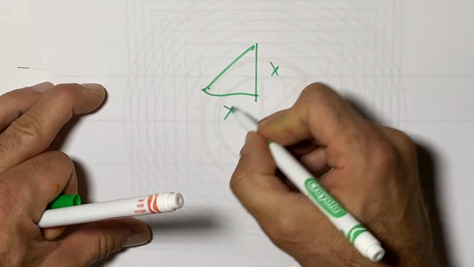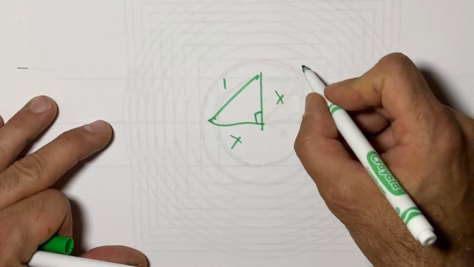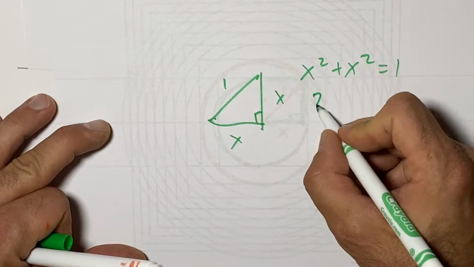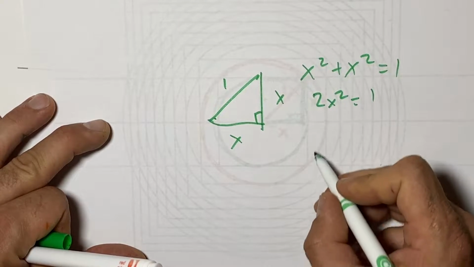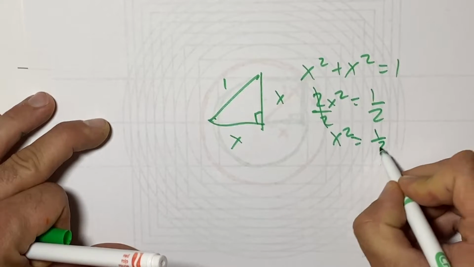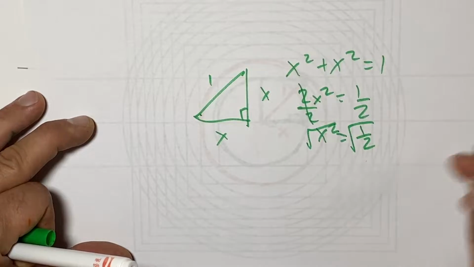We would have x and x, and 1 is our hypotenuse. We would get x squared plus x squared is 1, and x squared plus x squared is 2x squared. We would divide. And then the opposite of squared is square root. We would square root both sides.